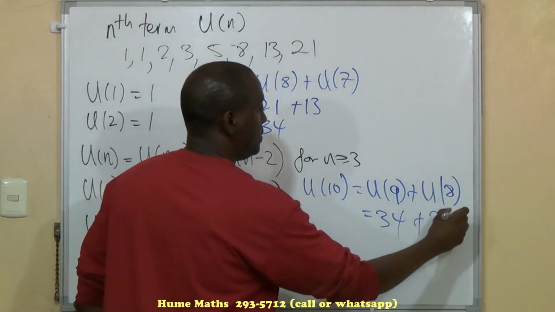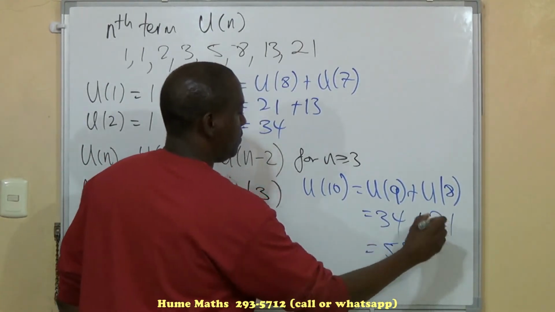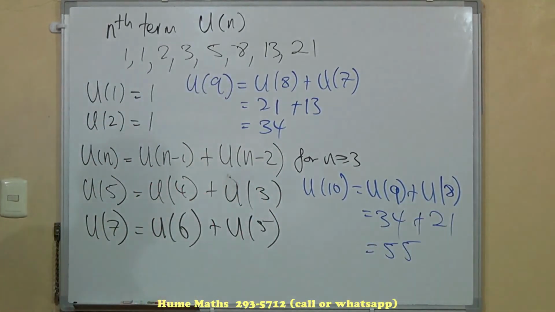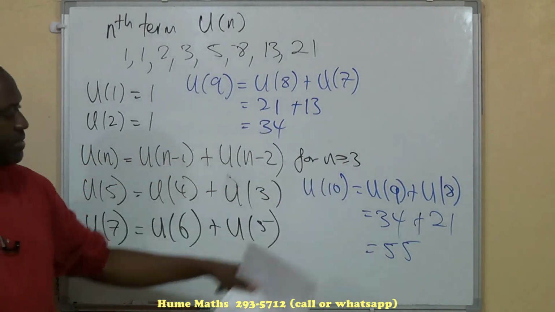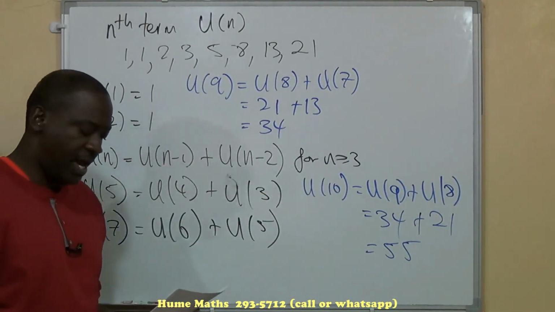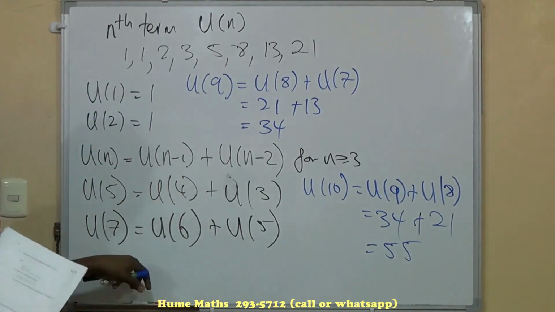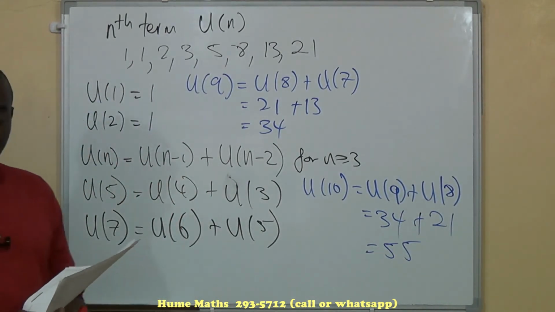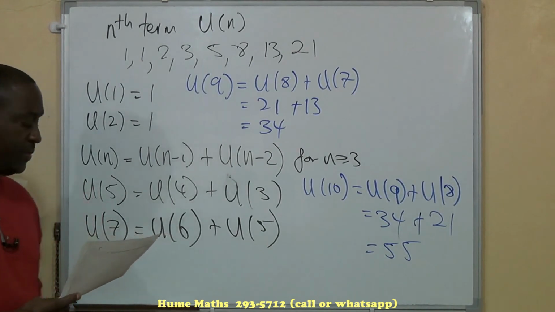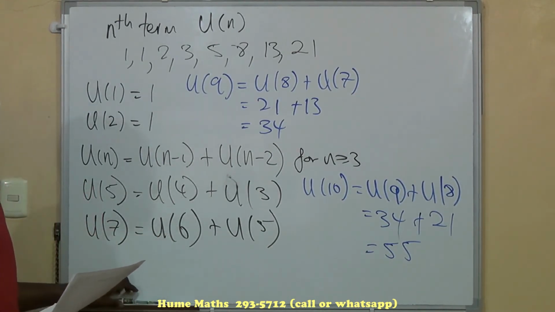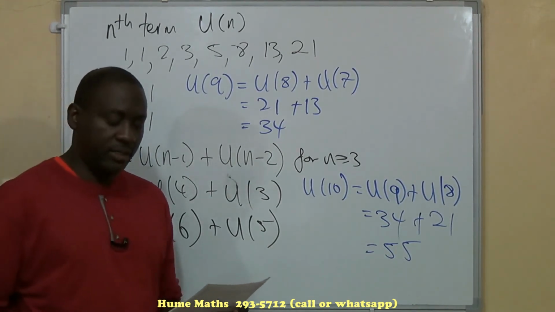So 34 plus 21 will be equal to 55. So U9 is 34 and U10 is 55. And this here is 2 marks. And the very last part, which term in this sequence is the sum of U18 and U19? I mean, 1 mark, right?